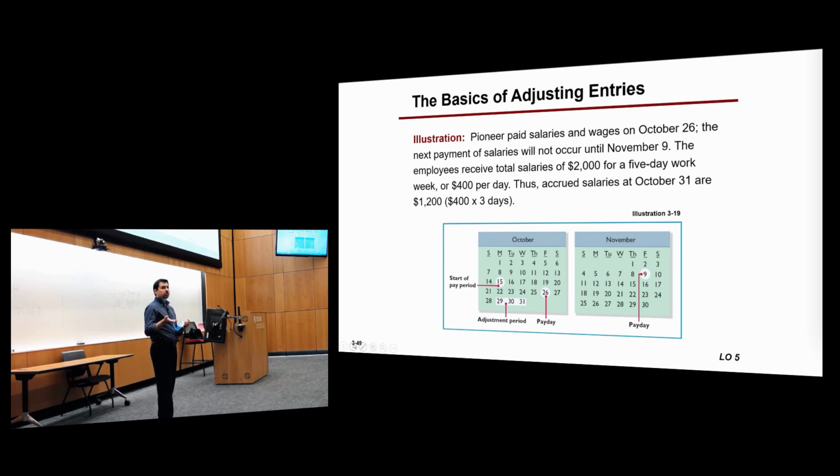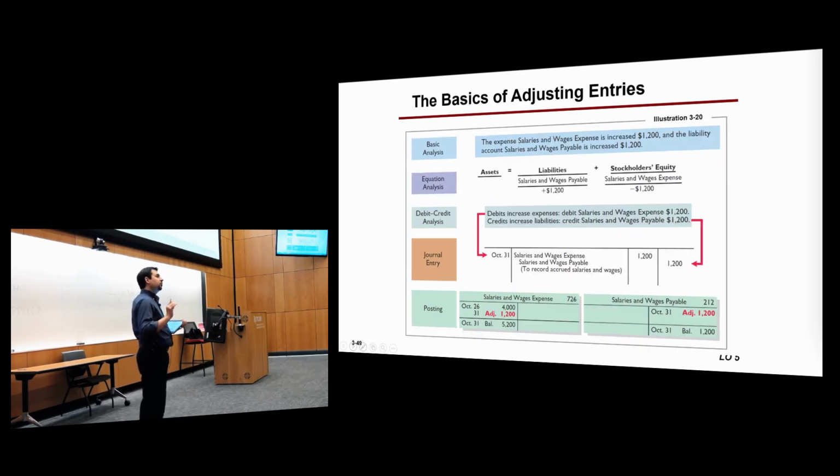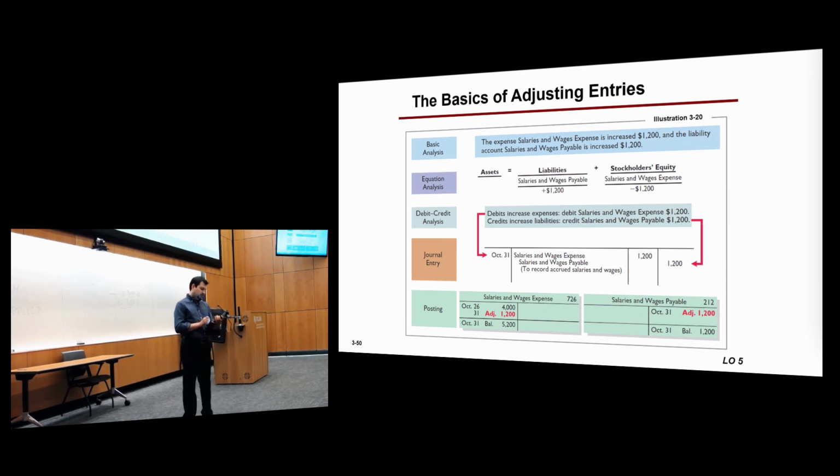So you debit salaries expense, and you credit the liability, salaries and wages payable. The company recognizes the expense without paying it. They have a new obligation, which is called salaries and wages payable, for the value of $1,200. Any questions?